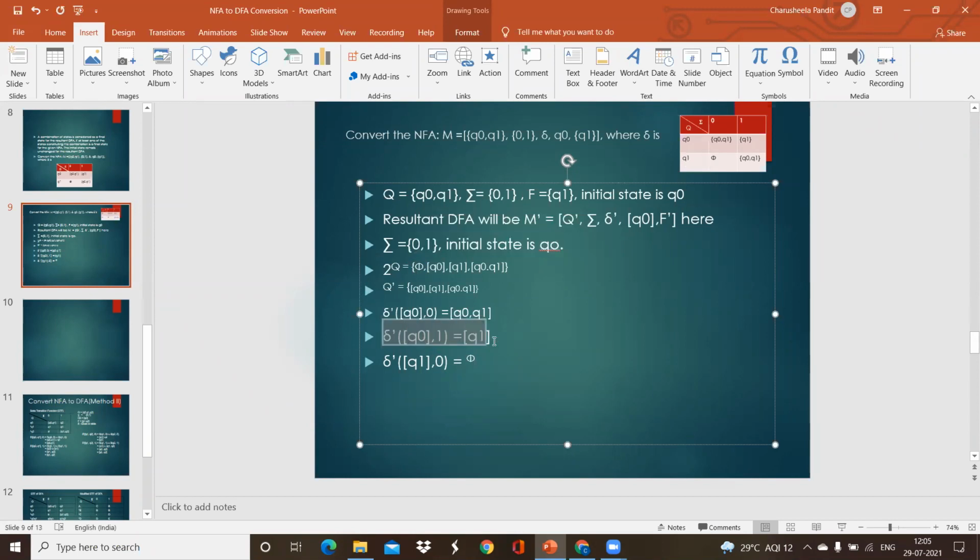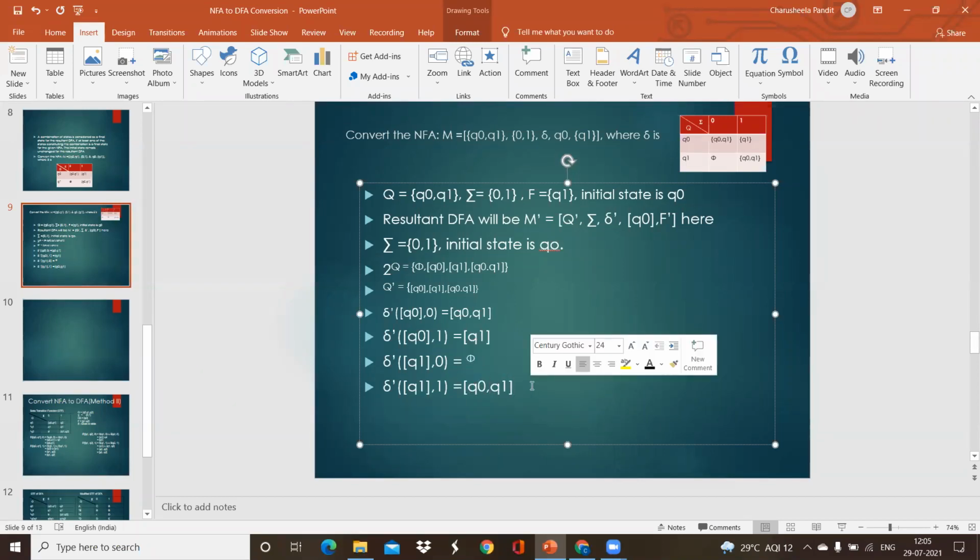Now to Q1 we will give input 1. So Q1 on 1, you can see here it is Q0 Q1. Okay.